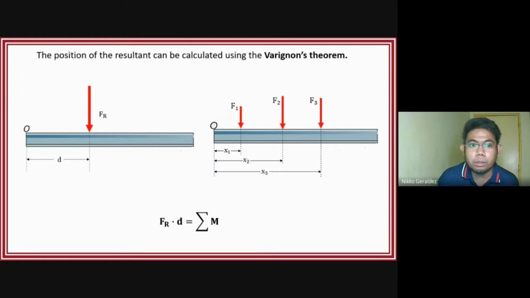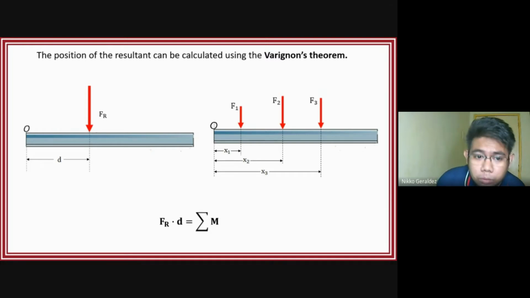So, the position of the resultant can be calculated using the Varignon's theorem. Di ba, resultant force, moment at point O. So, meron kang D times FR, or FR times D. So, that is the moment of the resultant force, FR times d.